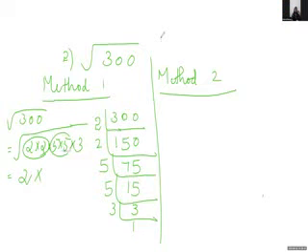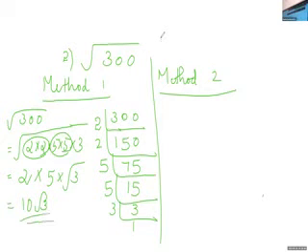From 5, 5, you took out 5. And what about 3? How did you write 3? Square root of 3, right? So what is 2 into 5? 10. Root 3. 10 root 3 is the answer. Did you get the answer? Yes, ma'am. Okay, 10 root 3.